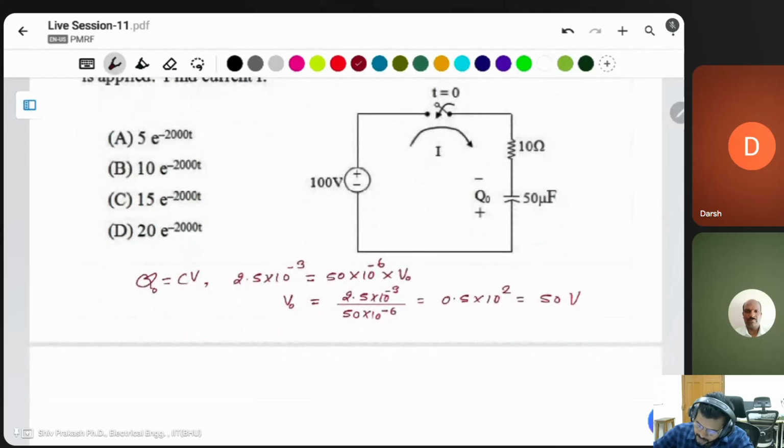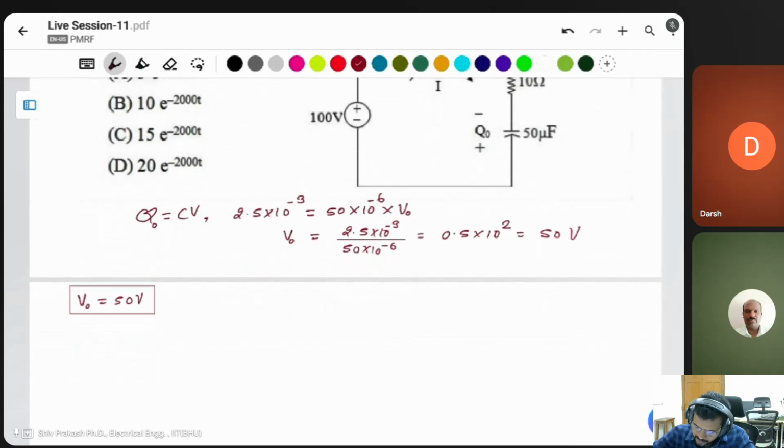You can say the initial voltage of the capacitor is 50 volt. From this one you can simply calculate the initial voltage. The initial voltage is given, then what is the final voltage? Initial voltage, it means this voltage at 0 plus, it will be 50 volt.